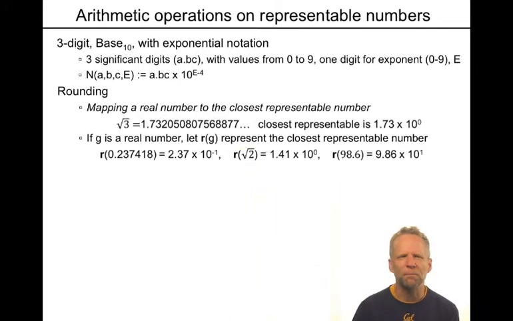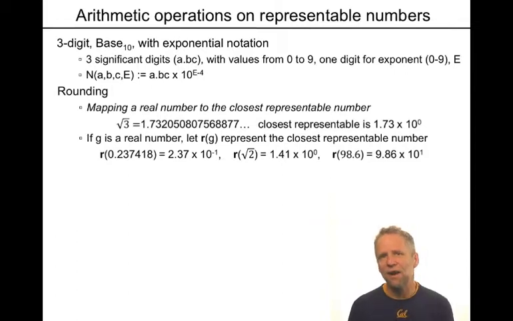So if we do a couple of examples: that first number is a nice rational number. It's described in terms of millionths. It's exactly some millionths, but it has too many digits. So if we round, we can see that it becomes 2.37 times 10 to the negative 1. Rounding the square root of 2 gives 1.41 times 10 to the 0.